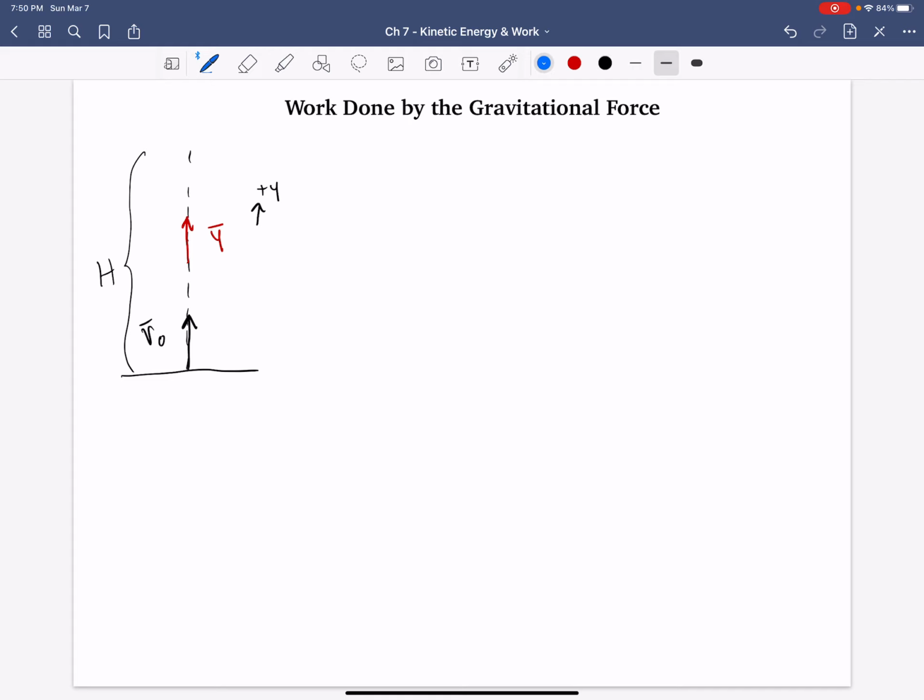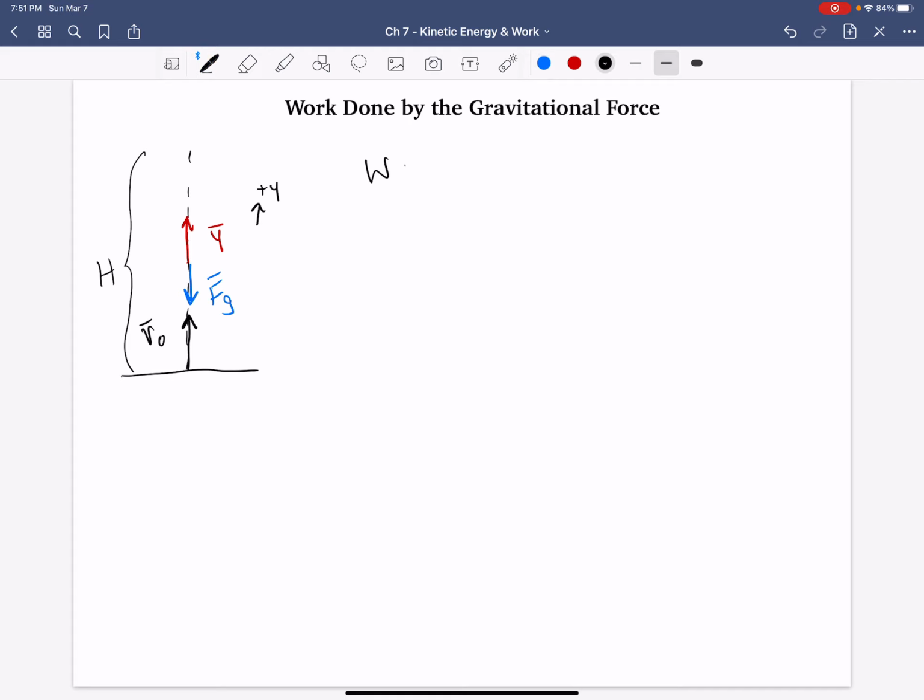The gravitational force on that object the entire time it's in the air is downwards. So these are in opposite directions. Would you think the work done by gravity is positive or negative in this case? Well, let's find out for sure.